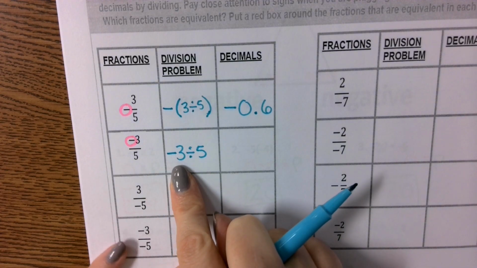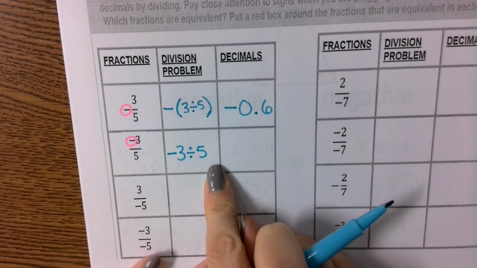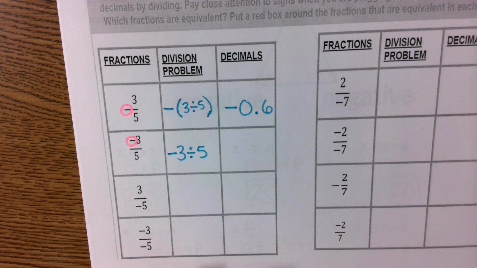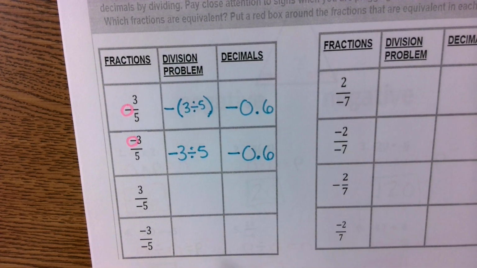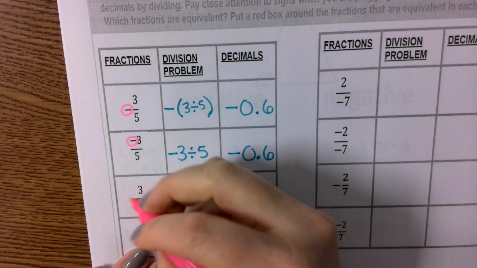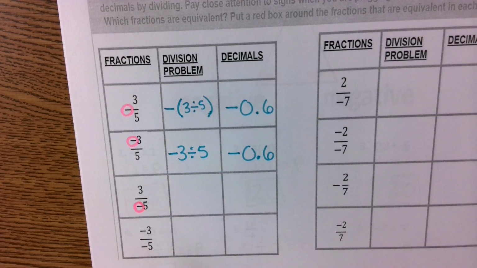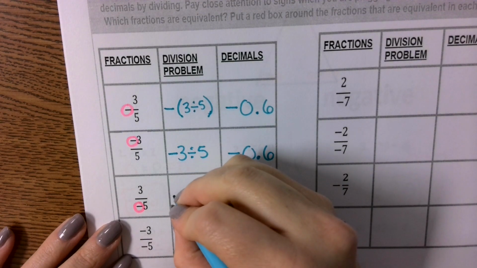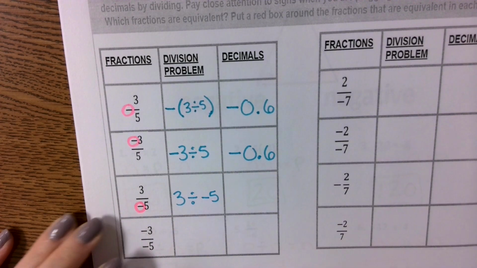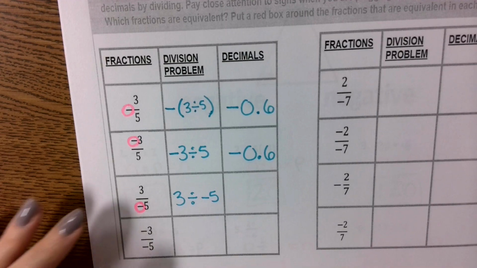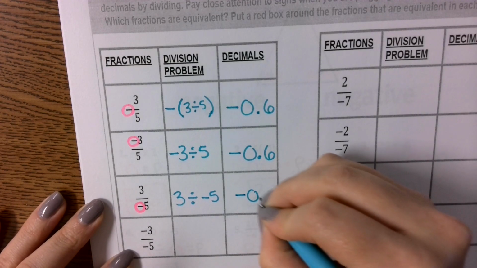This one has me doing negative 3 divided by positive 5, which is still going to equal negative 0.6. Now, my third example has a negative sign attached to the denominator, the bottom. So it's positive 3 over negative 5. That means I'm doing 3 divided by negative 5, and that is still going to equal negative 0.6.